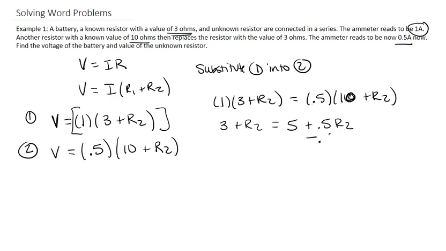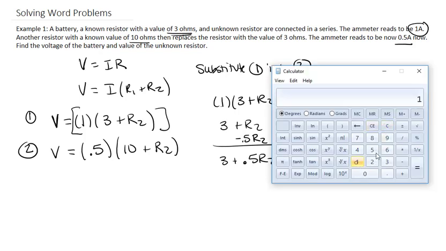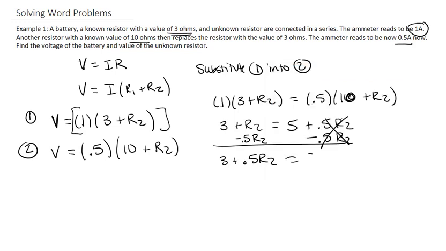So we subtract 0.5 R2 from both sides. This gets rid of it here. Then we have 3 plus 0.5 R2, because 1 minus 0.5 is 0.5, which is equal to 5.